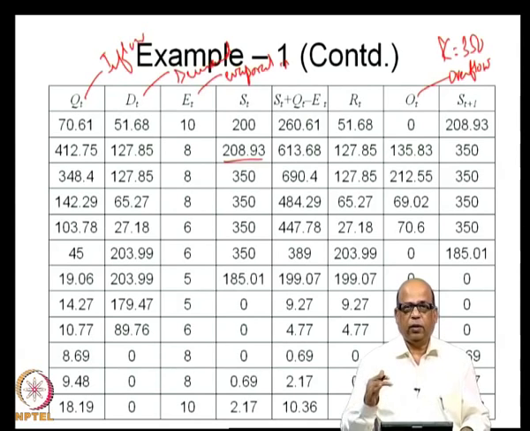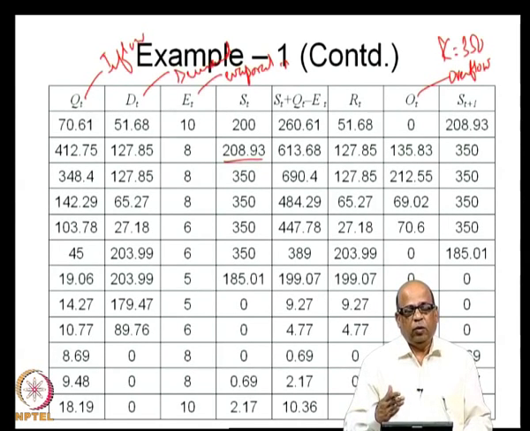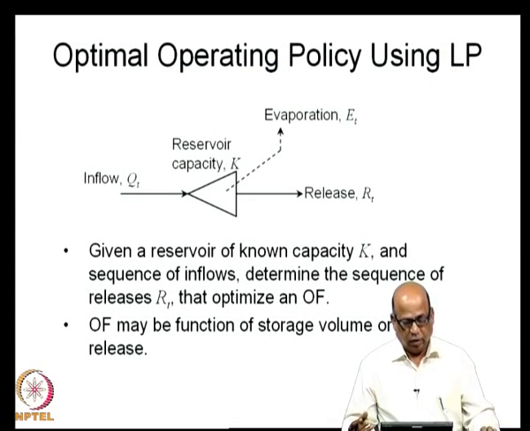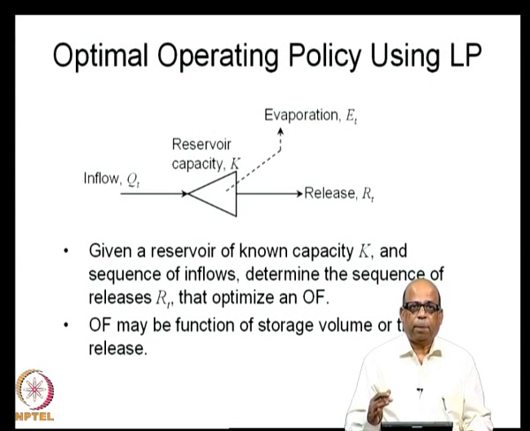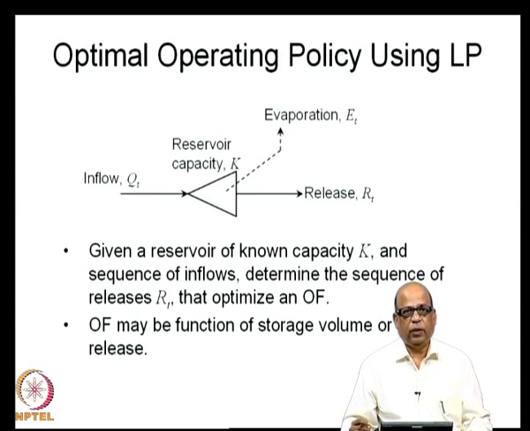So, typically you will be interested in an optimal operating policy, and therefore, you will look now at optimization of the operating policy, where you will have a purpose of operation, the purpose for which you want to operate the reservoir.